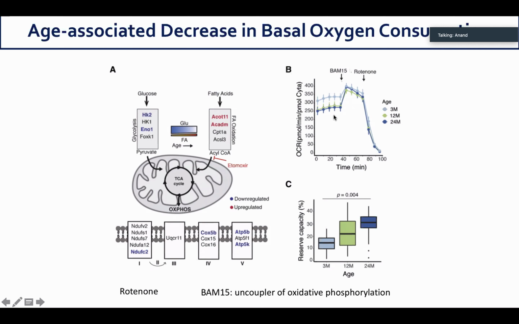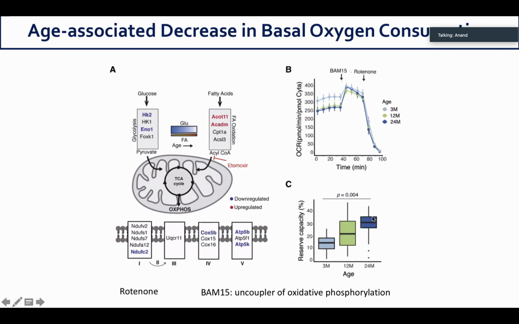What that means is the reserve capacity, which is calculated based on maximum respiration and the basal respiration, is so much less in 3-month-old, about 15% in this experiment. Here, in 24, it is almost double.